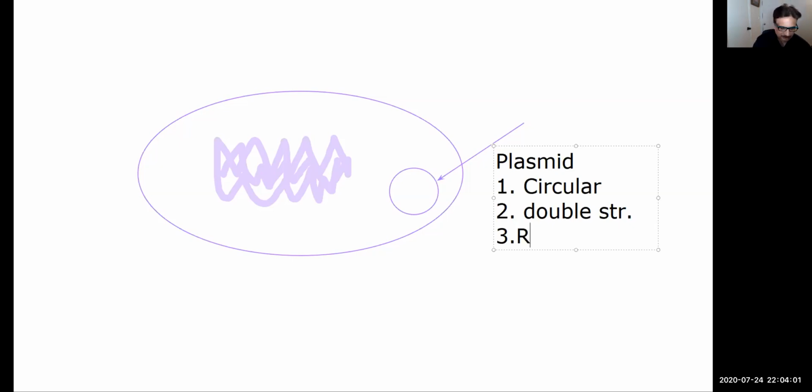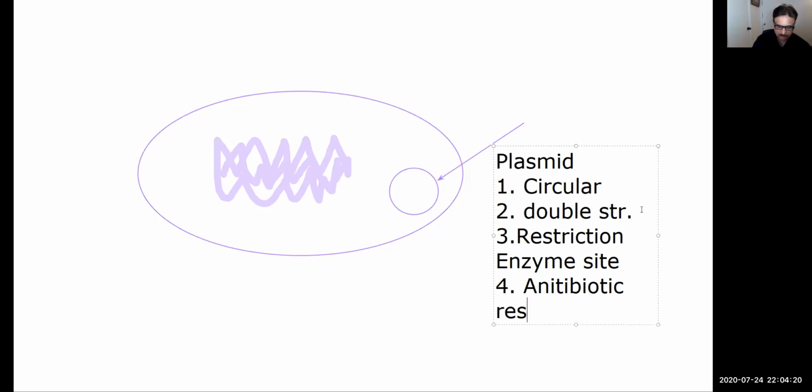Number three, they have a restriction enzyme site. I'll come to that later. And fourth, they have an antibiotic resistance marker. So these are the four essential features of a plasmid.